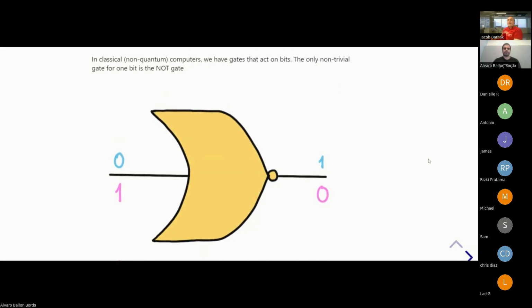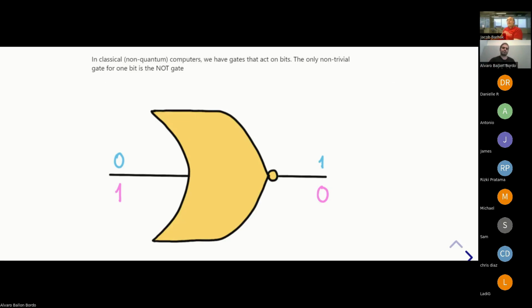So let's talk about a little bit of a classical setting. Classical is not quantum. When we have gates that act on bits. So for example, if you are acting on one bit, I guess the only interesting gate that you can act on one bit is the NOT gate.